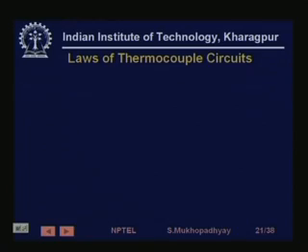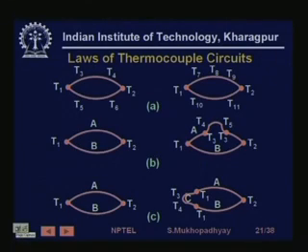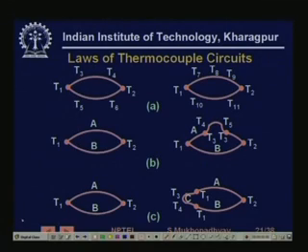There are various laws of thermocouple circuits which make the thermocouple a very useful instrument. For example, the first says that the EMF is only dependent on the junction temperatures, T1 and T2. Even if there is T3 here, T4 here, T5 here, these arbitrary temperatures can exist, but as long as the junctions are at T1 and T2, the EMF is going to be the same.